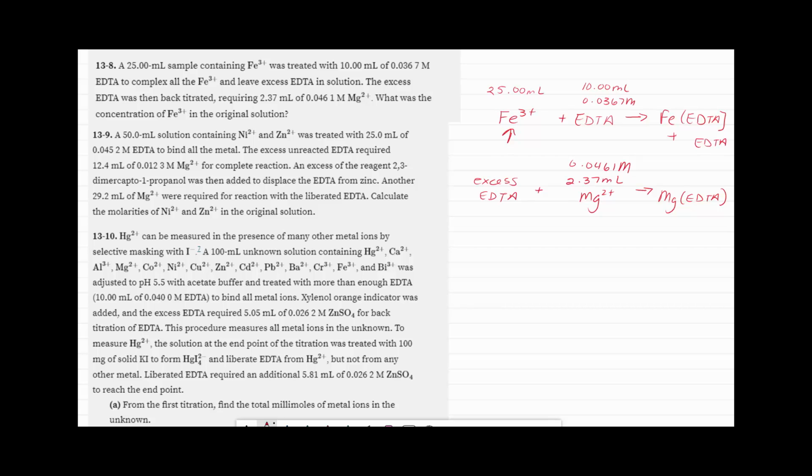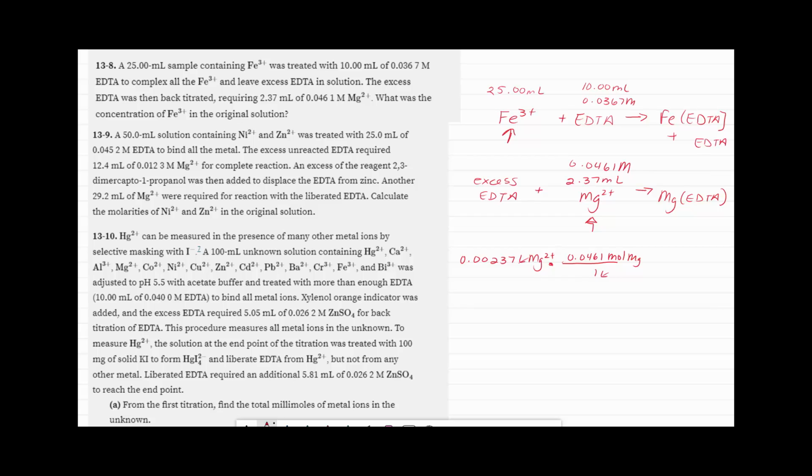Well, now that we have our equations written out, let's start by looking at how many moles of magnesium were required. That's going to equal the number of moles of excess EDTA. So here I have 0.00237 liters of magnesium, and that is 0.0461 moles of magnesium per liter.